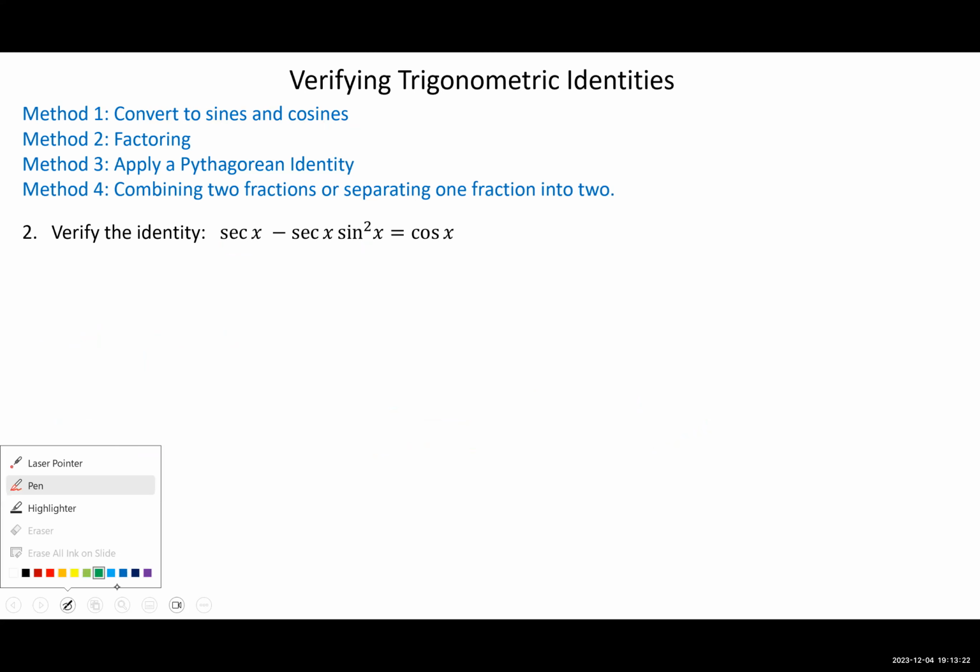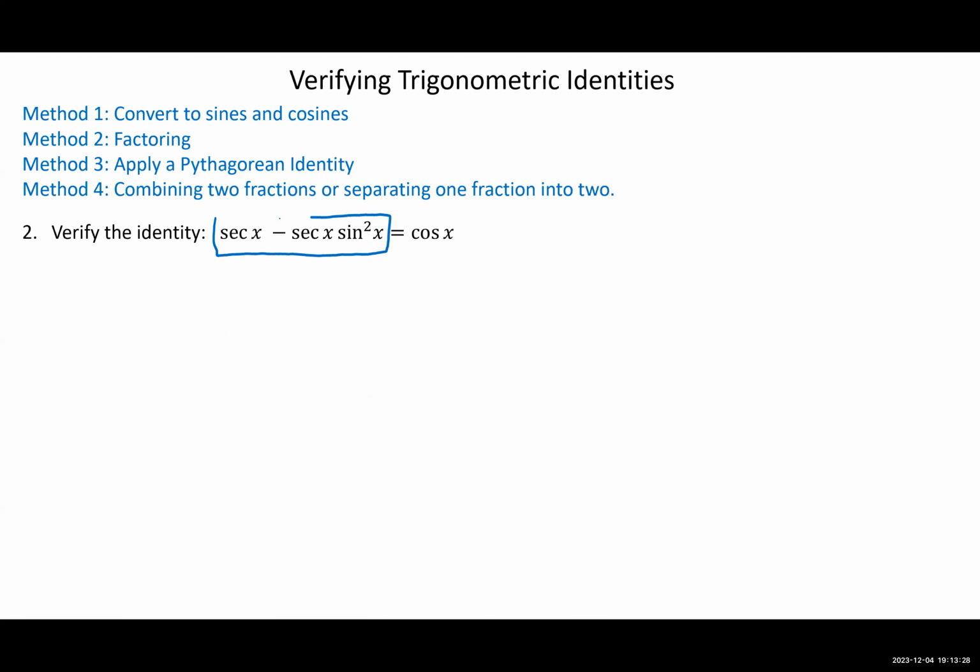All right, so for any angle, if you take the secant and then you subtract from that secant times the square of the sine, you always get the cosine of the angle. So I'm going to start with the left side because it looks more complicated than the right.